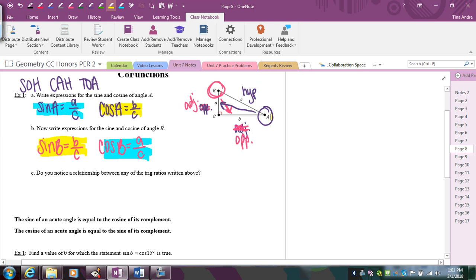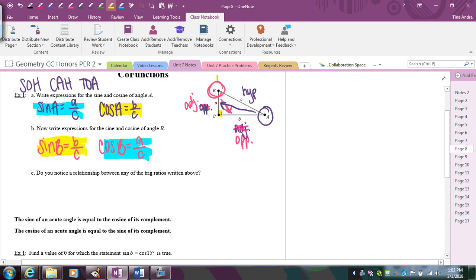A and B are two acute angles in a right triangle. If angle C is 90 degrees, you have 90 degrees left to split between angles A and B, which means they have to add up to 90, so they're complementary. So the only time that cosine and sine will be equal is if the two angles add to 90.